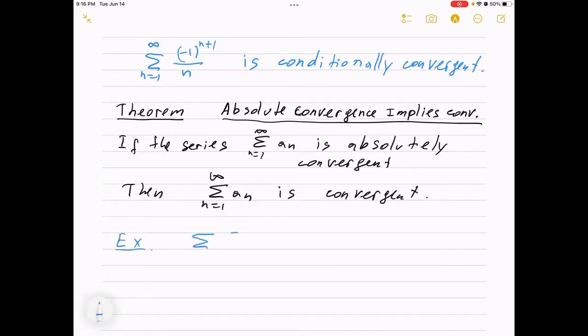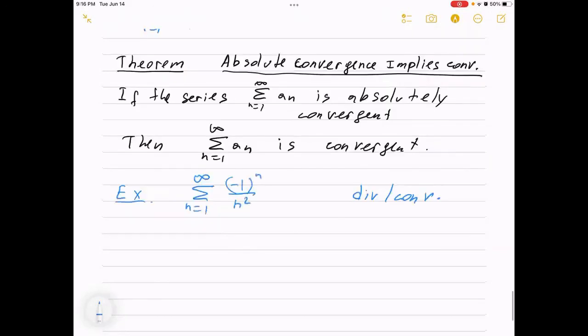If we look at the series (-1)^n divided by n squared, n from 1 to infinity, and we wonder whether that series is divergent or convergent. Let's try. Of course, we can do AST. That's a possibility.